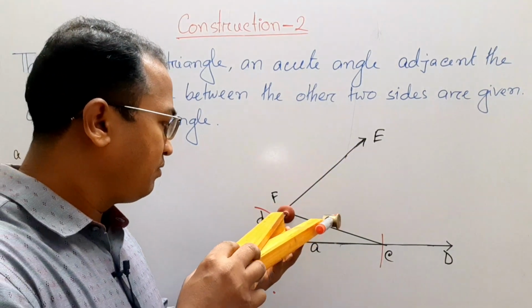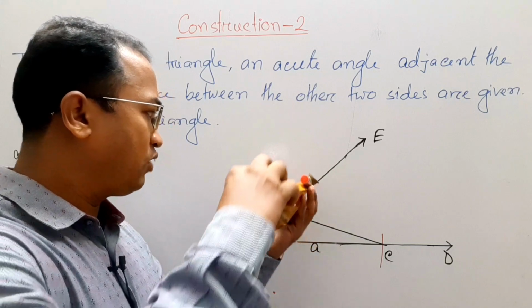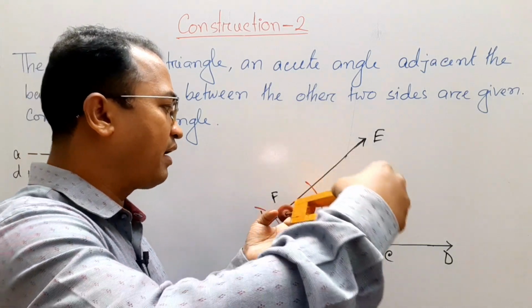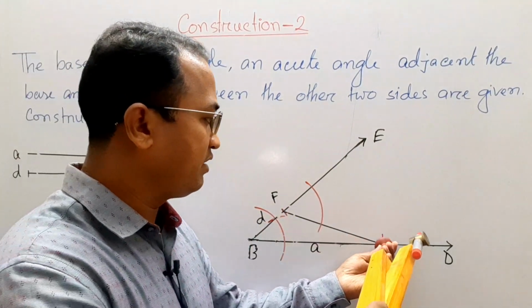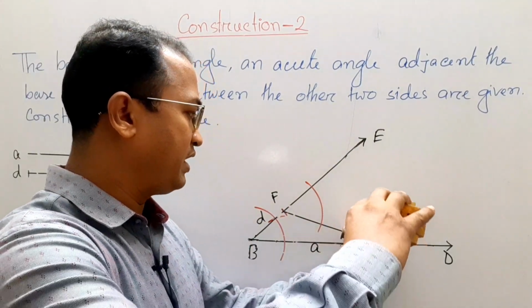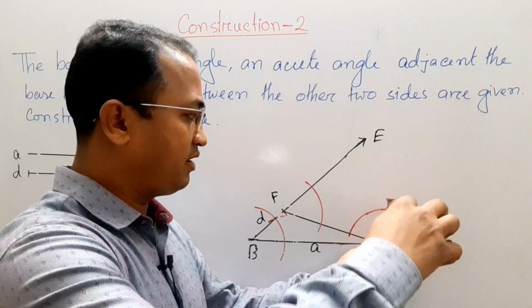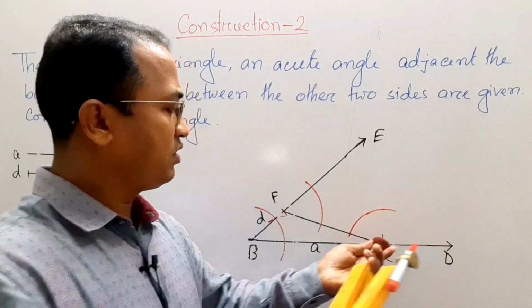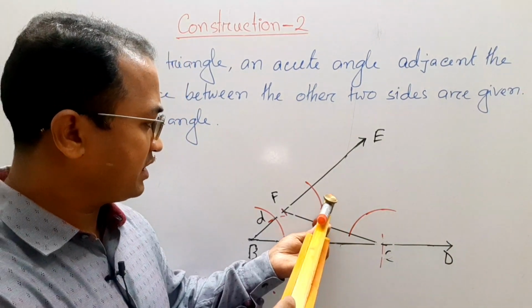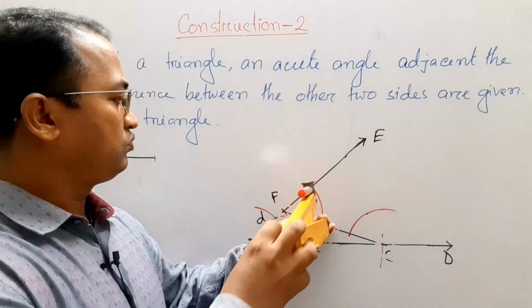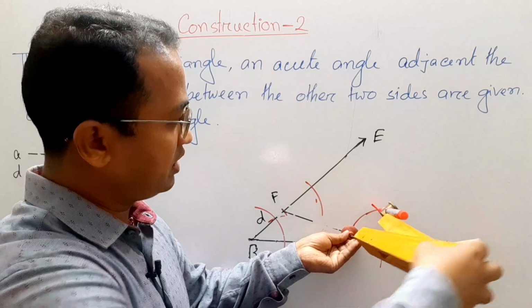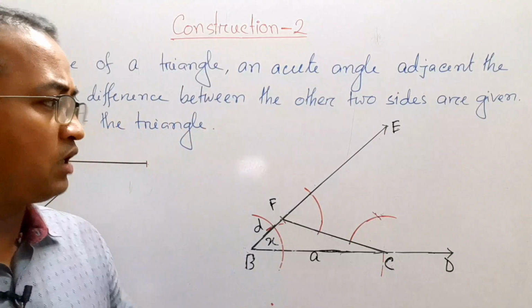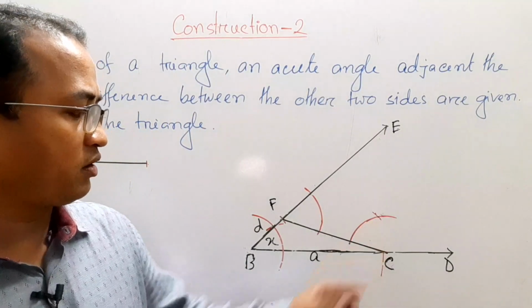Centering F with a suitable radius we draw an arc. Again centering C with that same radius we draw an arc. Now take the distance of these two points. Now centering with this point, cut it. Now join these two points.